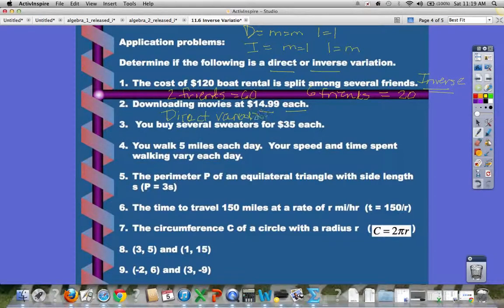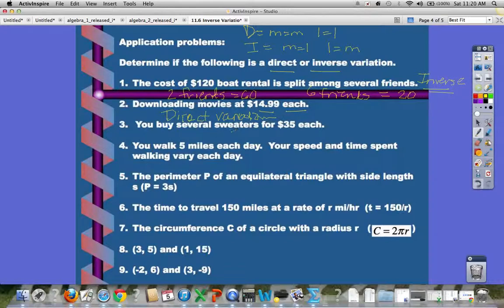In other words, if you got 20 movies, you'd pay a lot more than if you bought 1 movie at $14.99. So that's a more equals more or a less equals less, depending on the number of movies that you've downloaded.